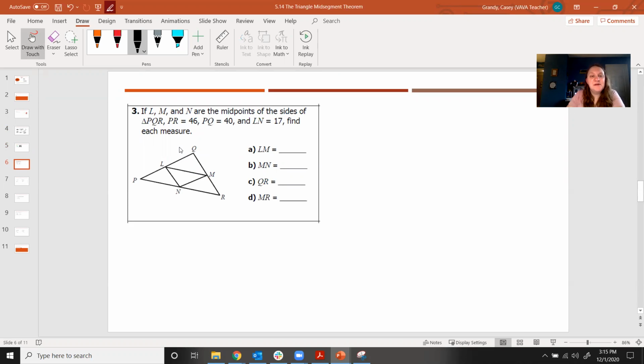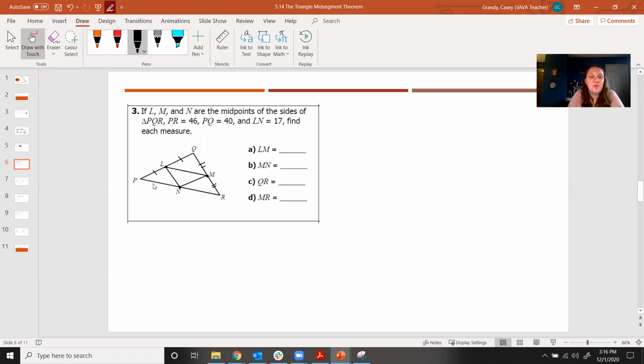Now, in this example, it says that L, M, and N are midpoints of the sides. So as soon as I know that this is a midpoint of PQ, I know that PL and LQ are congruent. M is a midpoint of QR, so QM and RM are congruent.